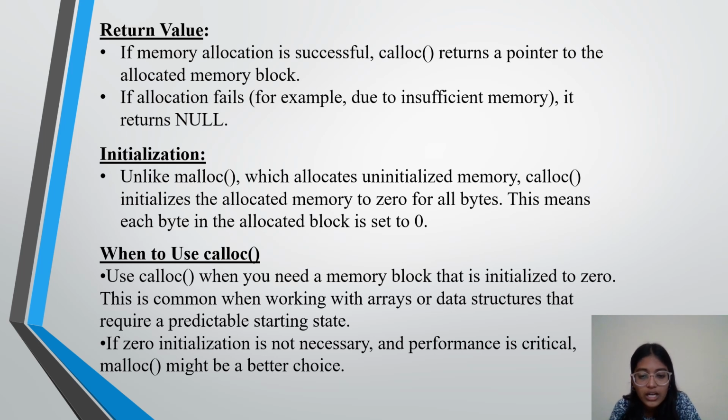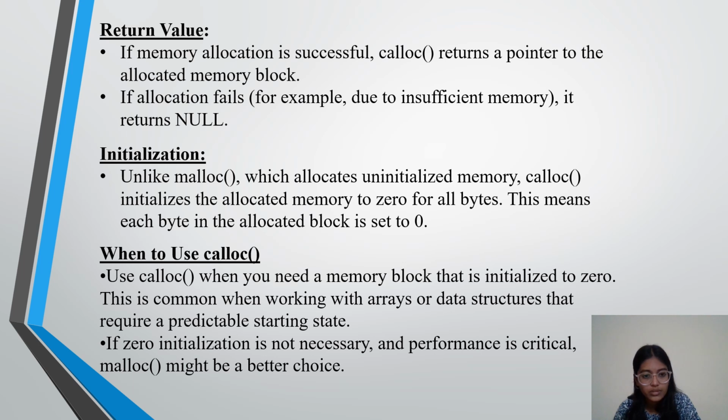Unlike malloc, which allocates uninitialized memory, calloc initializes the allocated memory to 0 for all bytes. Unlike malloc, calloc will not allocate uninitialized memory. It only allocates initialized memory, initialized to 0 for all bytes.